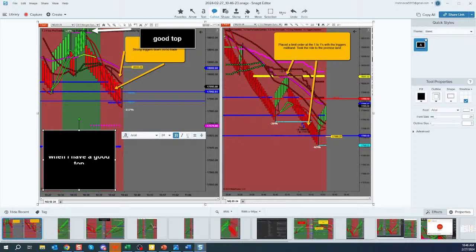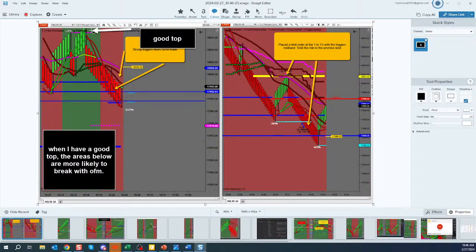When I have a good top, the areas below are more likely to break with odds favorable momentum. And guys, this is a great lesson. When I have a termination that creates the reversal, these areas are more likely to break because decisions were made at a key area to reverse that market and produce momentum.